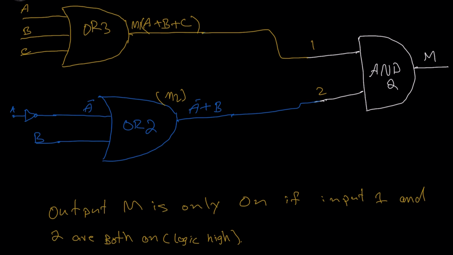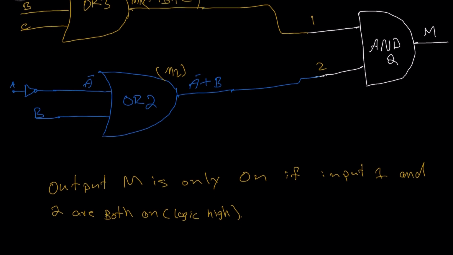The only way M1 will be off is when all three inputs are off. Same goes with M2, the OR2 output. It will be on when any input to this OR gate is on. The only condition for the OR gate output to be off is when both inputs are off.